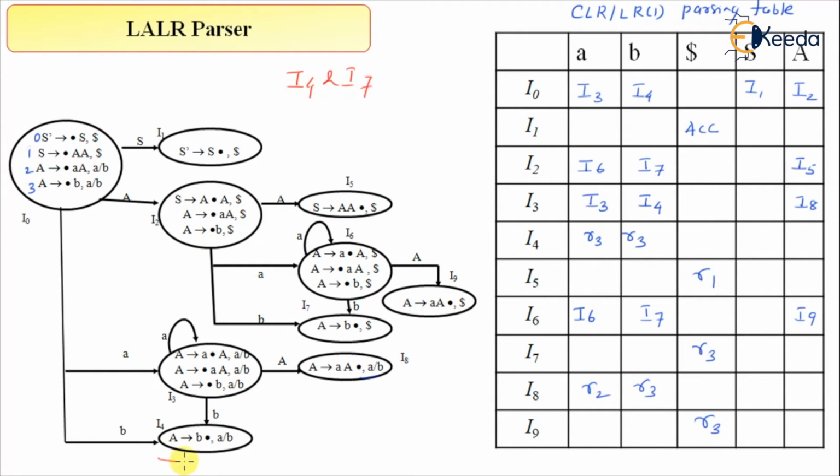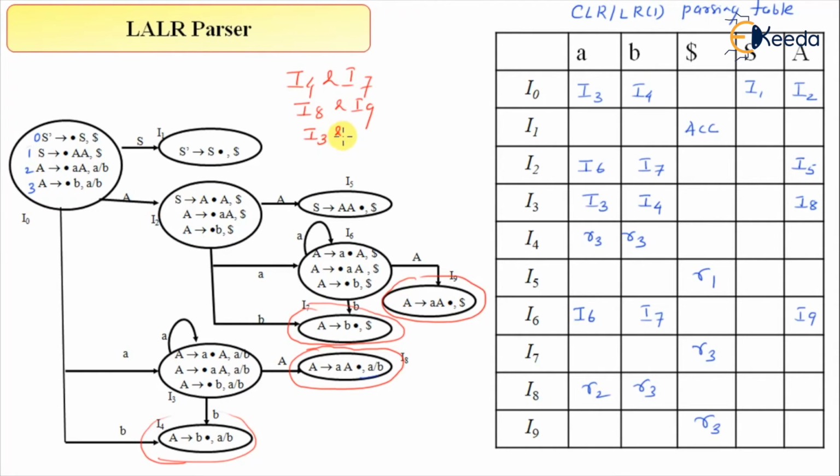Look at these states, the double circles. I4 and I7: A derives B dot, with lookaheads dollar, a or b. Next, I can merge I8 and I9. I8 is A derives aA dot, and I9 is A derives aA dot with dollar. So this is also eligible for merging.